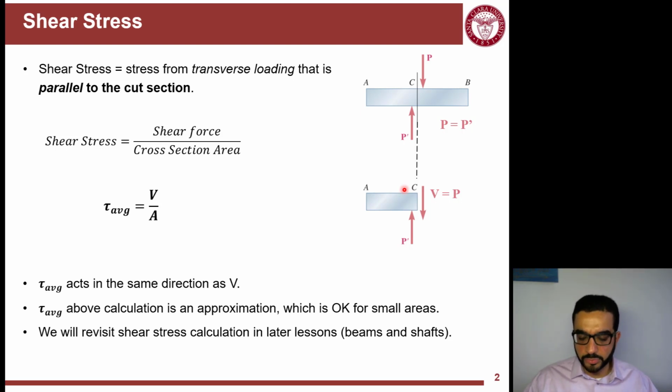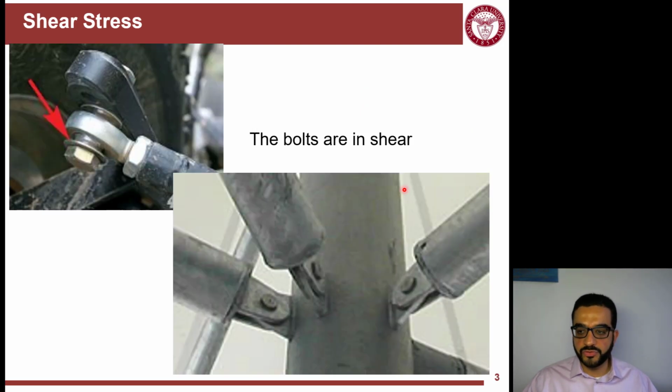We'll revisit that when we discuss the design of beams and shafts from torsion. But because we're simplifying here, just introducing the concept, we will focus on the most famous shear action that we see, which is that applied on bolts or pins.